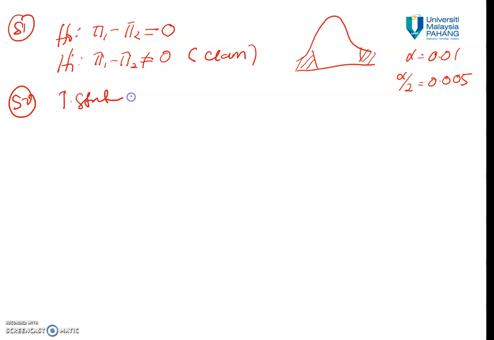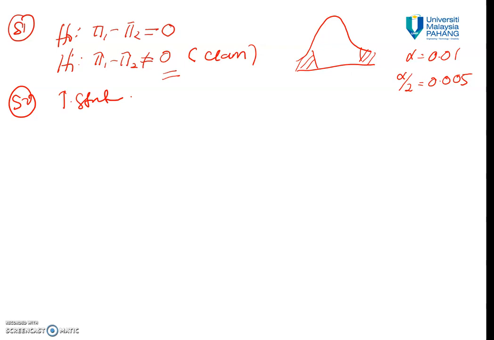Now step number 2 is the test statistic. Because this is two population proportions, you have two formulas, so you need to look at this one: is pi naught 0 or not 0? If it's 0, you can see the formula on page 6.